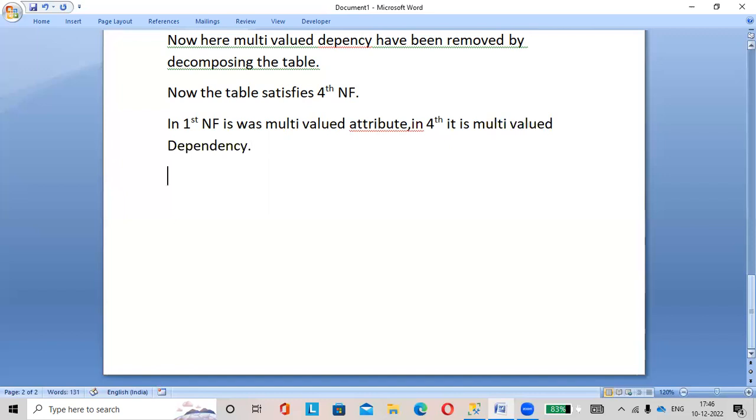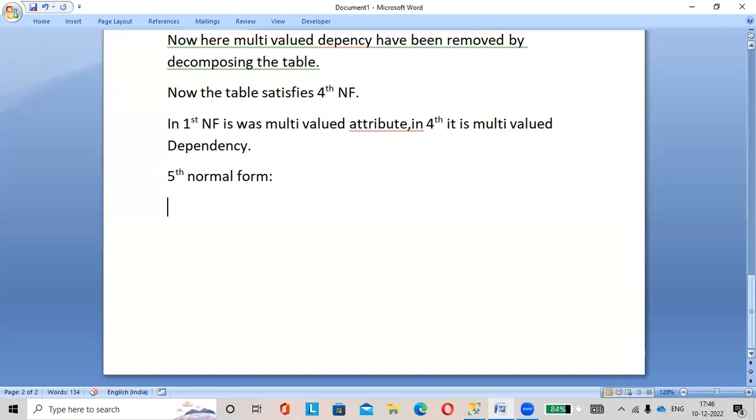Okay, next is fifth normal form. What is the meaning of fifth normal form? What are the rules of fifth normal form? It should satisfy fourth normal form.